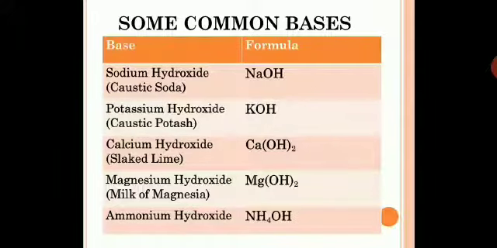Now here you have a table of some common bases, which you already know. We will just go through it. Sodium hydroxide, NaOH; potassium hydroxide, KOH; calcium hydroxide, Ca(OH)2, that is also called slaked lime or lime water. Magnesium hydroxide, Mg(OH)2, is an antacid, also called milk of magnesia.